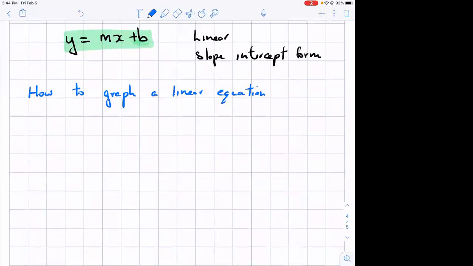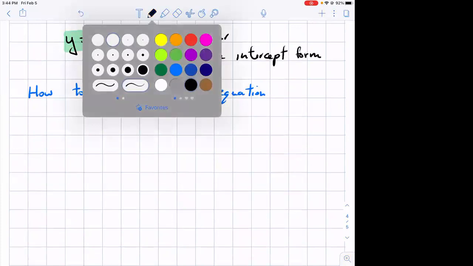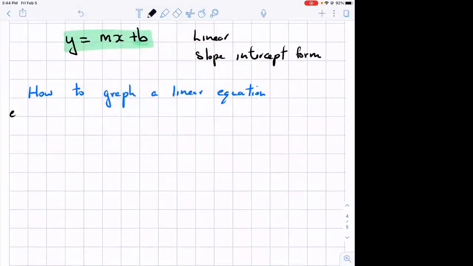So to start, what we do if you're asked to graph, for example, graph the equation y equals 2x plus 3.